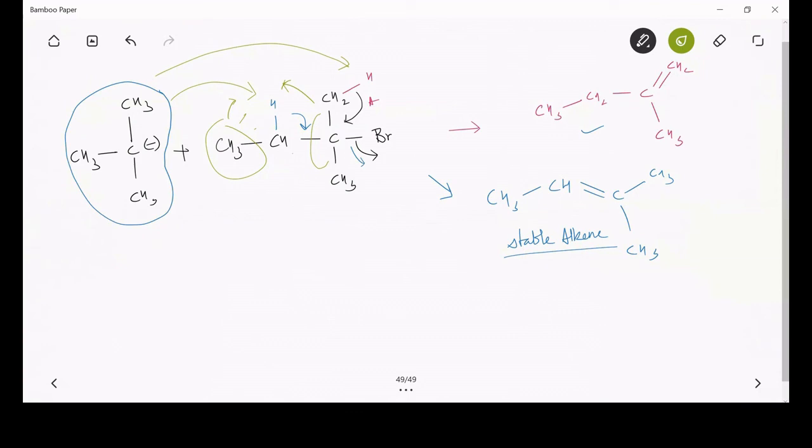That means this proton, which is alone and can be taken very easily, and there is nothing in between the base and the proton forming any kind of steric hindrance. That's why this bulky base will take this proton, and if this proton is taken, of course the preferred product will be this one, not this one, and this is called Hofmann rule.